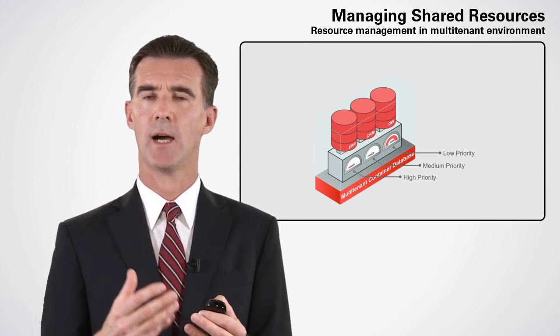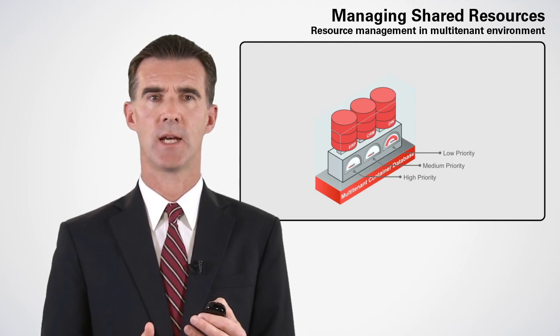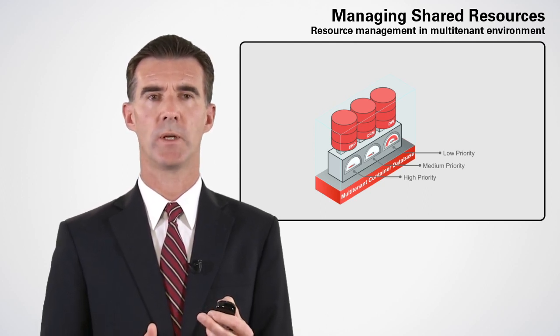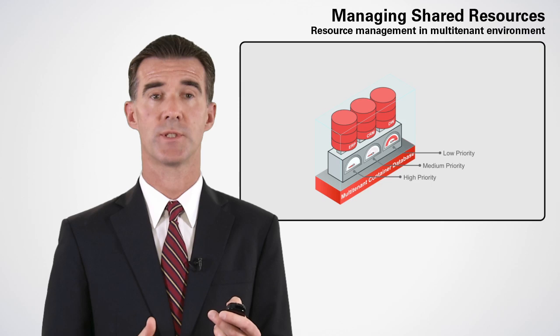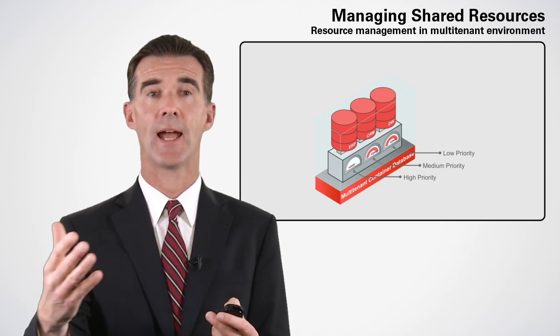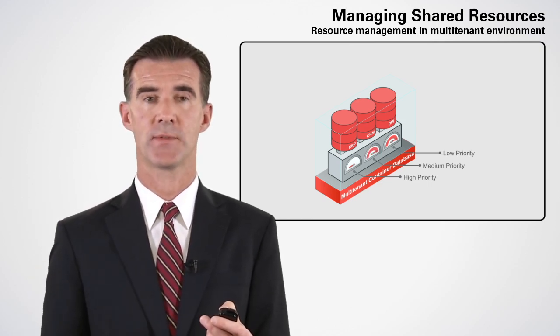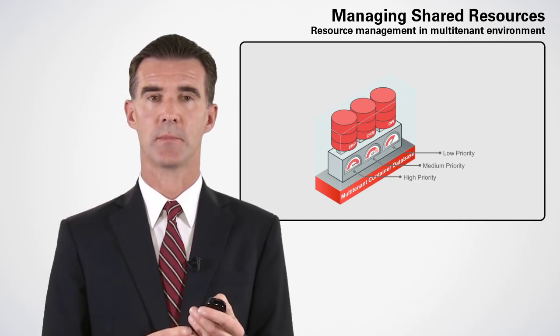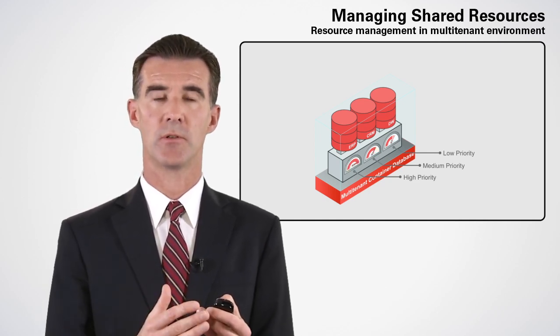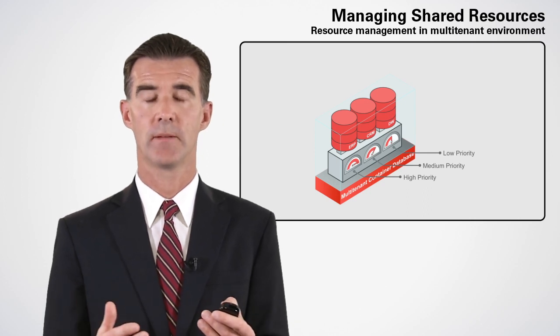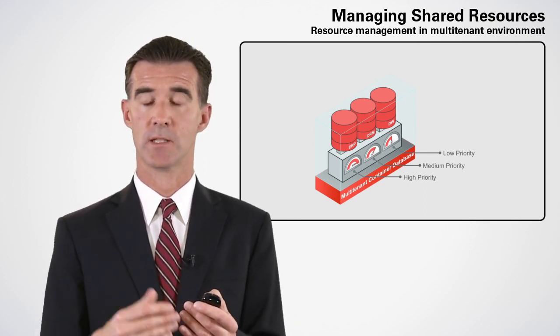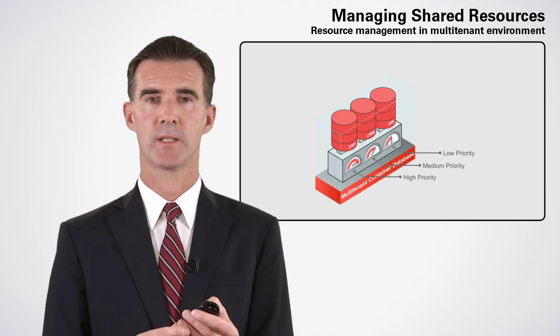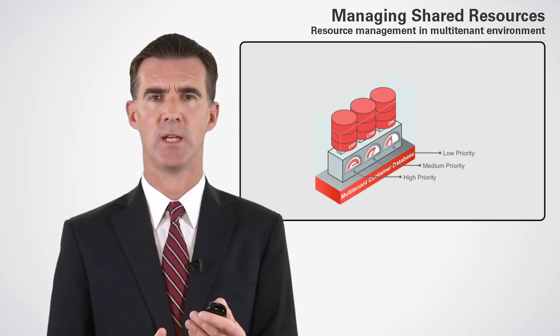But when the higher priority CRM system comes online, we would expect it to take its fair share of resources and correspondingly have the lower priority system back off somewhat. And then as the top priority system comes in, we would expect the other 2 to back off considerably so that the top priority system has all the access appropriate. So this is what we wanted to achieve.